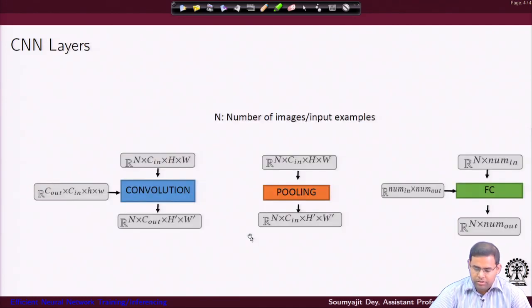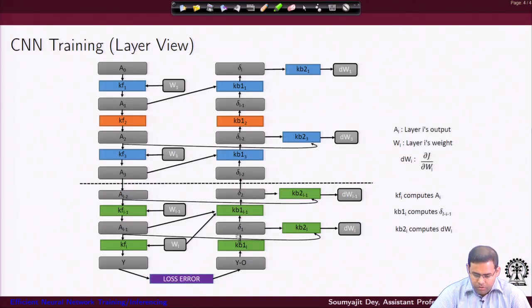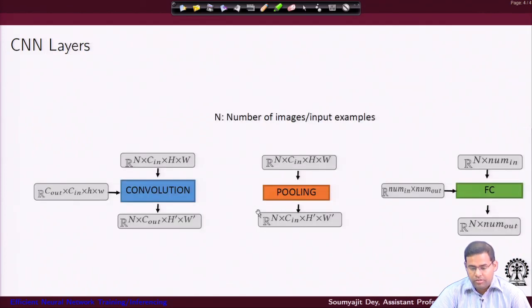So, I will just review what we exactly did. If you see, every delta's computation depends on the previously computed delta's value. Let us say I am taking delta 2 and delta 1 and the previous layer's weight matrix, as you can see here.